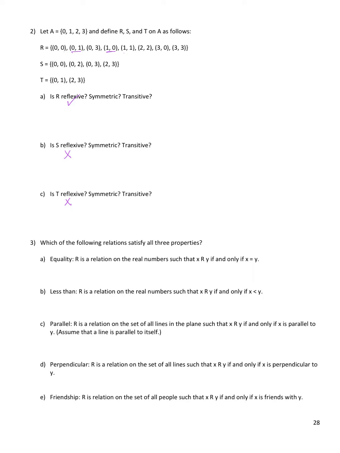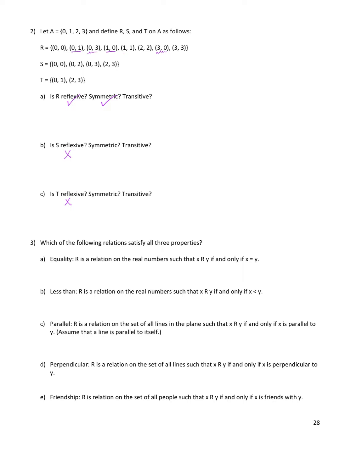And then also for 0, 3, 3, 0 has to be in the set, and it is. And then 1, 1, 2, 2, and 3, 3. Those are the only non-symmetric points, and they are all in the set. So it is symmetric. Anytime x is related to y, y is also related to x.